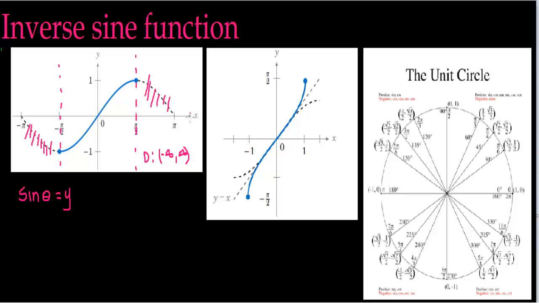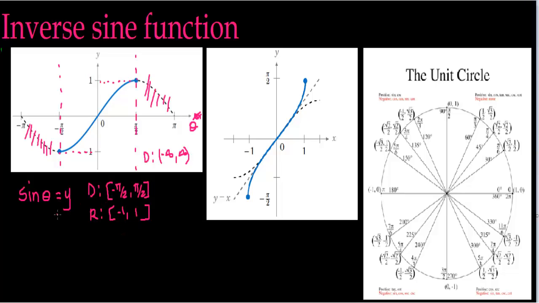So on this graph, since it says x, I can change that to theta, and call it the theta axis. So sine of theta equals y, and now the domain is restricted to negative pi halves to pi halves. Notice the range, which are the y values on this graph: the maximum value for this sine function is 1, and the minimum value is -1. So the range goes from -1 to 1.